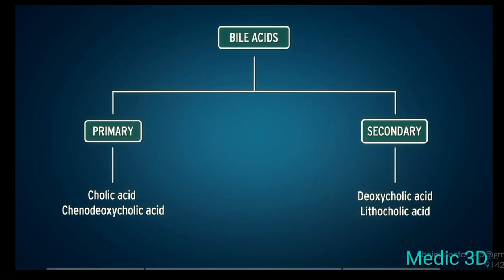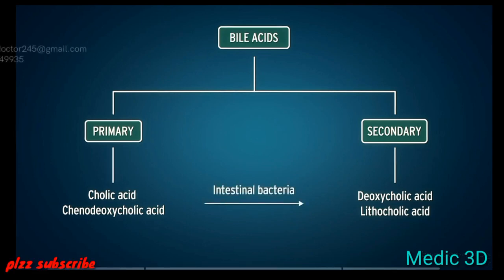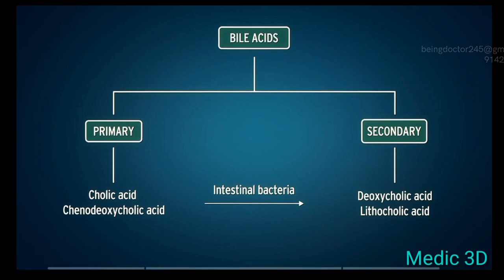Secondary bile acids are formed in the intestine, where primary bile acids are converted into secondary bile acids by intestinal bacteria. Most of the secondary bile acids are excreted in the feces and only a small amount is reabsorbed, so feces contain only secondary bile acids.